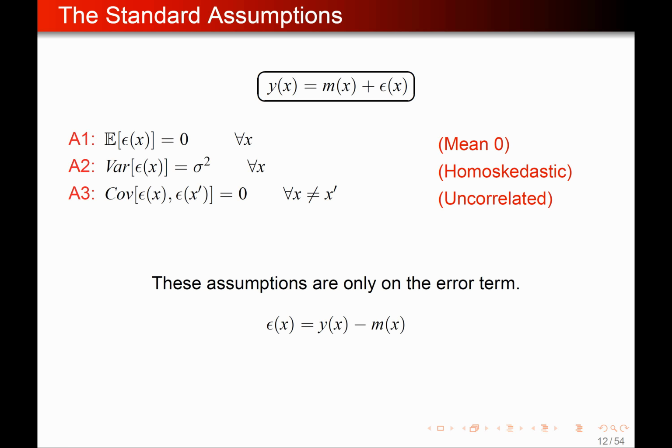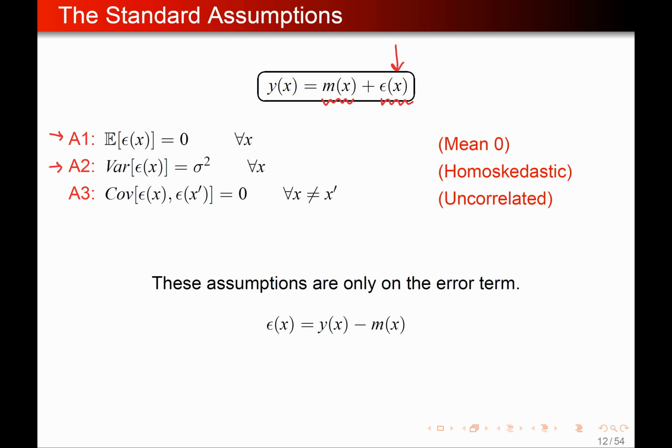So the standard assumption in this modeling is this is a deterministic part, systematic part, and this is a random error. And there are three assumptions. This is assumption 1. The random error, the mean, should be equal to 0.